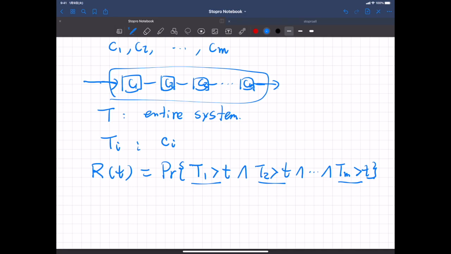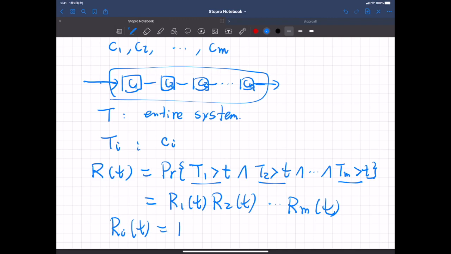Okay, and furthermore, we assume that each component's time to failure behaves independently. Because of this independence assumption, this probability simply reduces to the product of reliability functions of each component: R1(t), R2(t), and so on, where Ri(t) is the probability that Ti is greater than t.